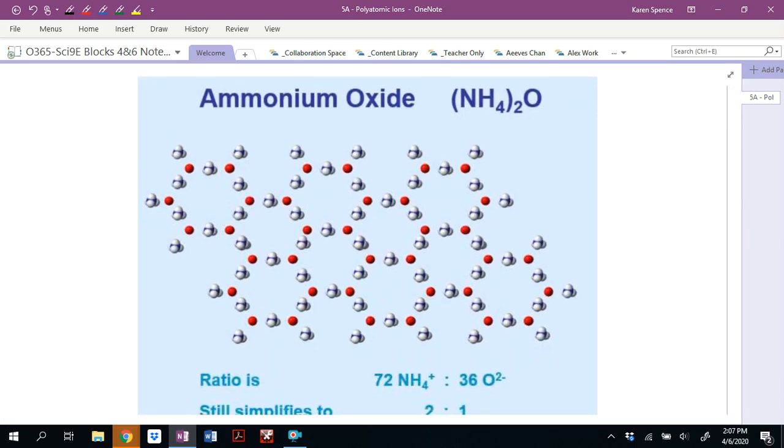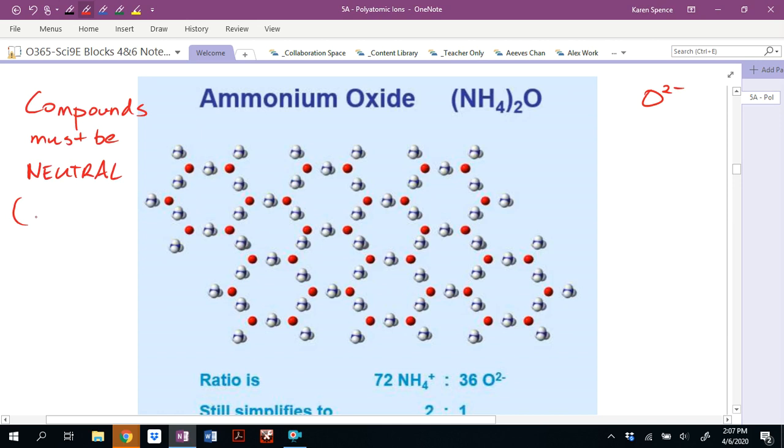So here's ammonium oxide. Now, if you remember, oxide is -2, and compounds must be neutral. In other words, their overall charge has to equal 0.